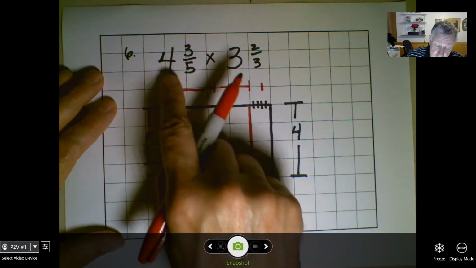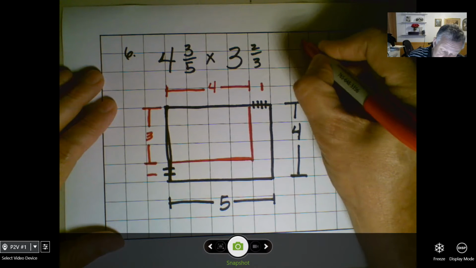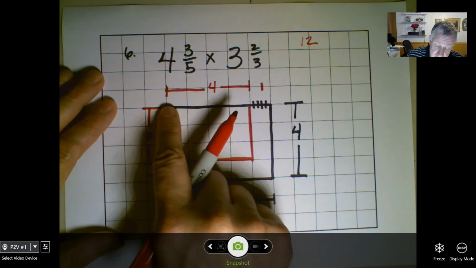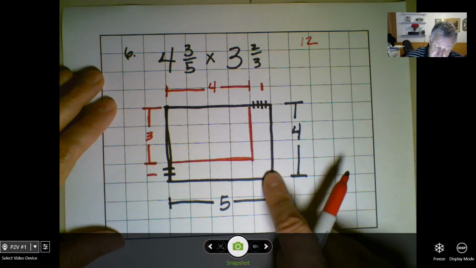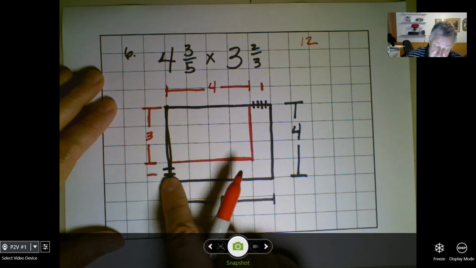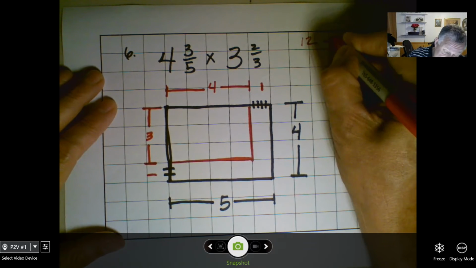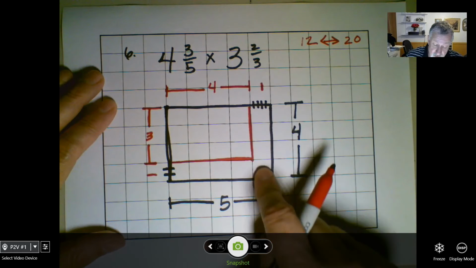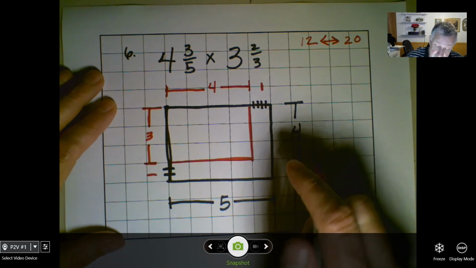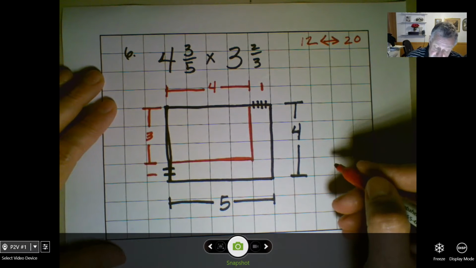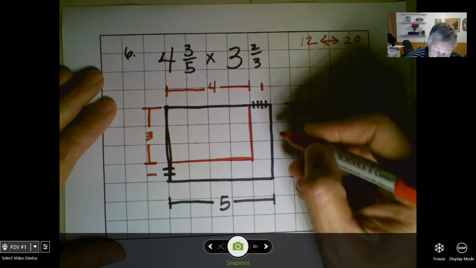And if 4 by 3 is 12, and 5 by 4, which would be the next biggest number, is 20, then our answer, which falls between those two numbers, should be between 12 and 20. And if it's not between 12 and 20, it doesn't make sense.